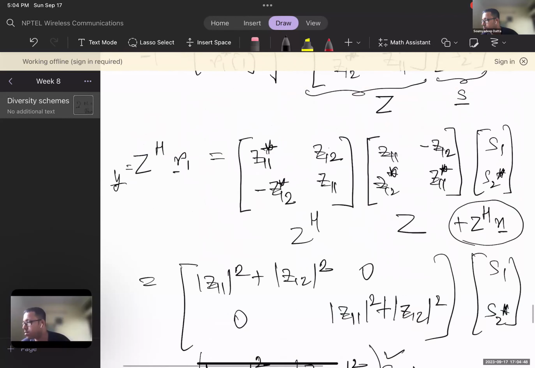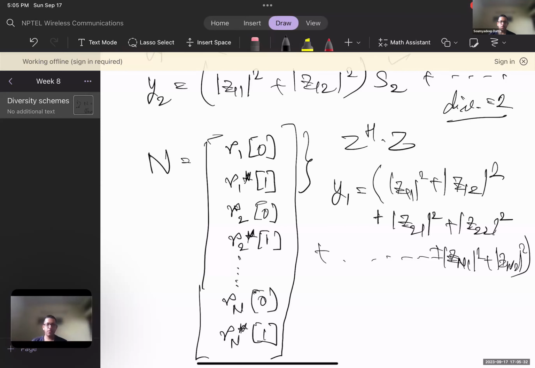Each of these blocks is kind of one Z. When you again do Z Hermitian Z, you will get Y1 equal to mod Z11 squared plus mod Z12 squared, which you got from one antenna. And this will keep on adding. For the second RX antenna, it will become mod Z21 squared plus mod Z22 squared. You will just keep on adding them till mod Zn1 squared plus mod Zn2 squared.